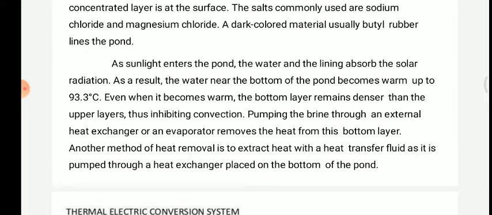So what happens to the bottom part of the pond? It warms up. That means it is getting the energy from the sun, and it is heated even up to 93 degrees Celsius. Even if it becomes warm, the warm layer remains denser than the upper layers.